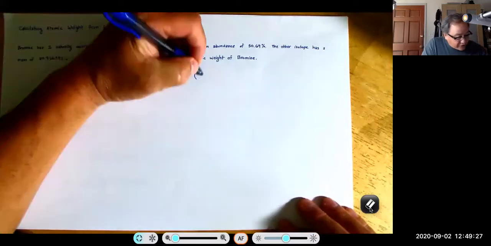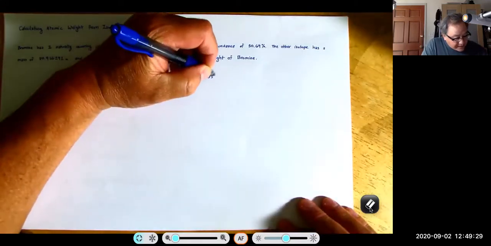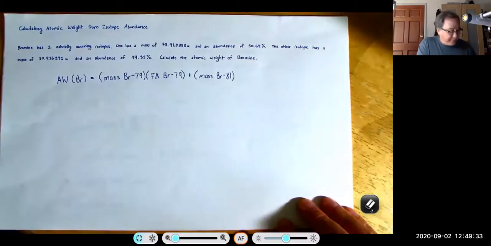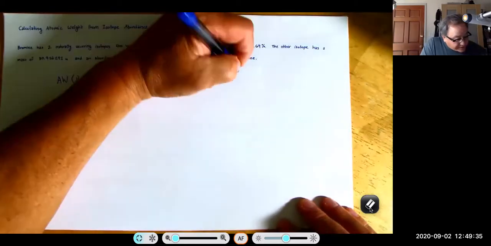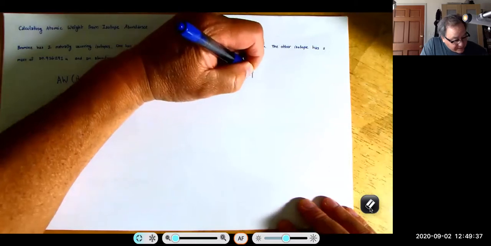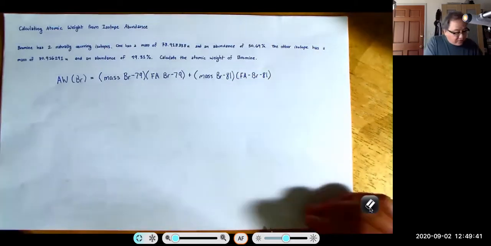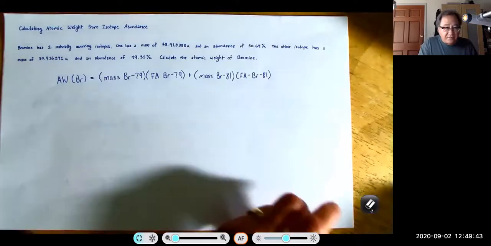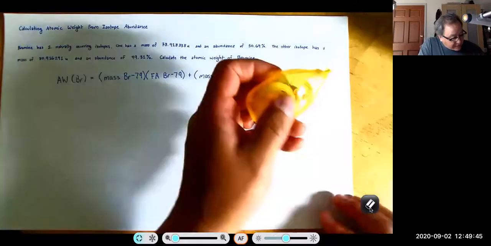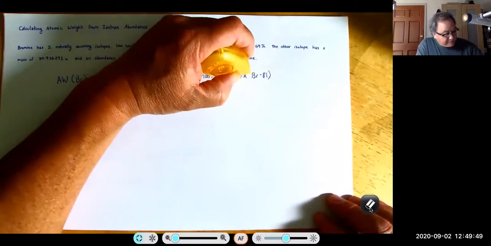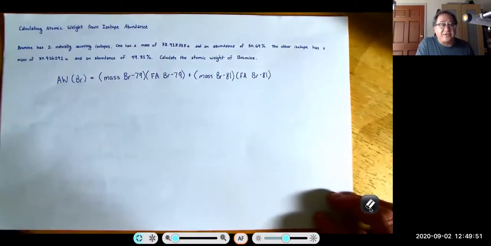So the isotope is bromine-81, times the fractional abundance of bromine-81. And you know what? I don't like that little line there after fractional abundance, so I'm going to use my little whiteout here and get rid of it so that it looks nicer.